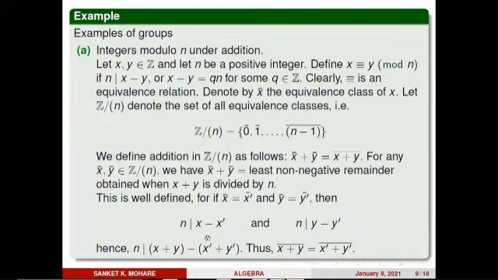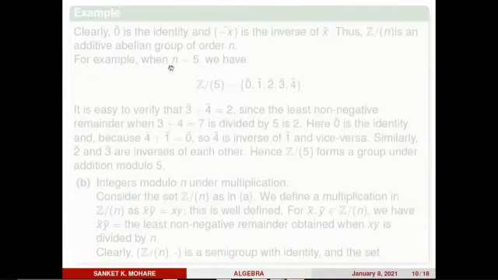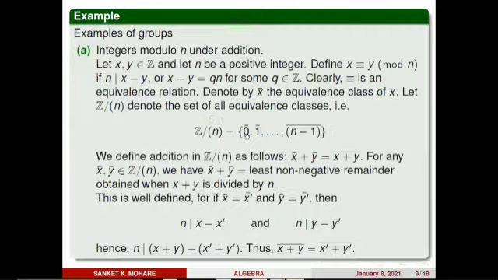This Zn is a group. For that, clearly it satisfies the associativity law. Now what would be the identity? Clearly 0 is the identity element. If we add conjugate 0 with any element of 1 bar, 2 bar, up to n minus 1 bar, then the resulting quantity is that element itself.